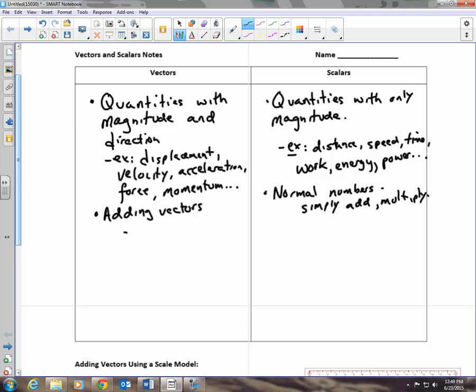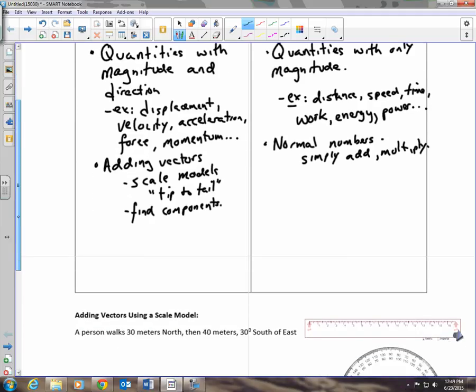And if you remember, for adding vectors, sometimes we can use scale models. Here's the tip to tail. And another method was by finding components. We're going to practice that and make sure that we're familiar with it.